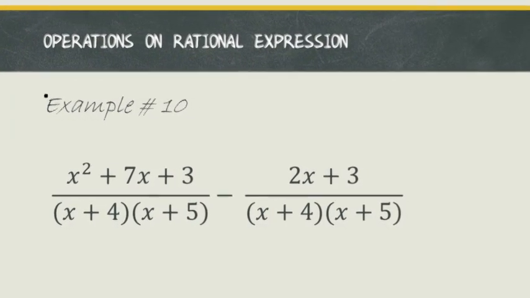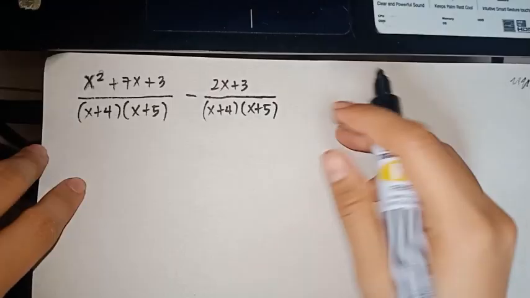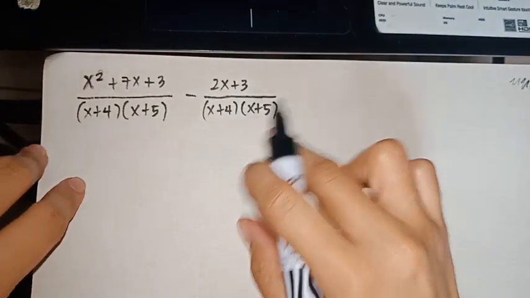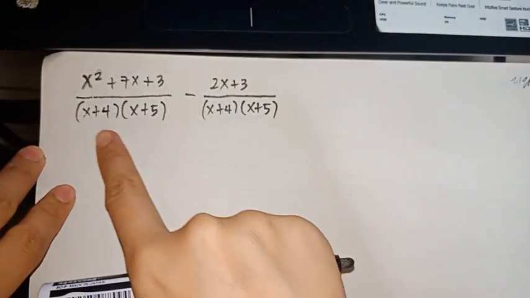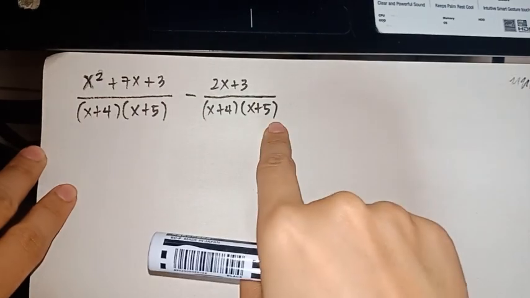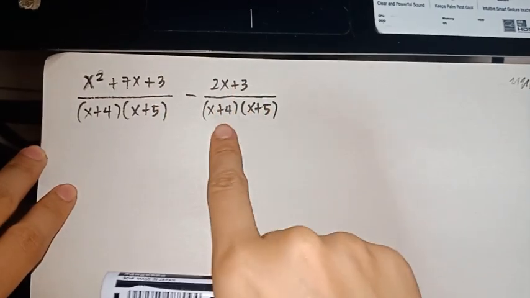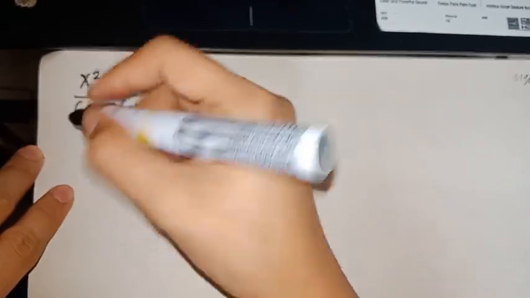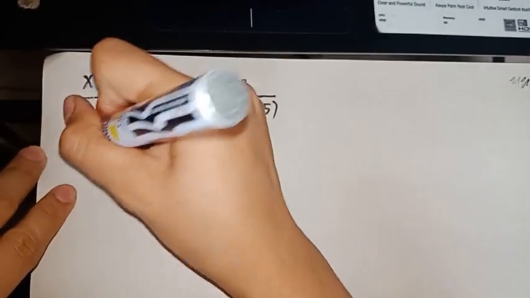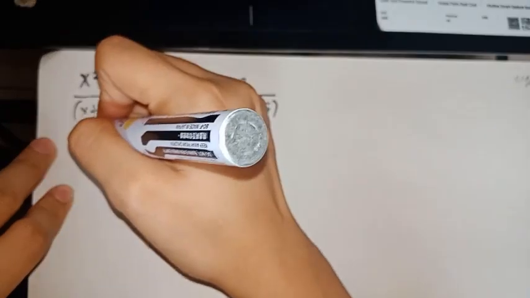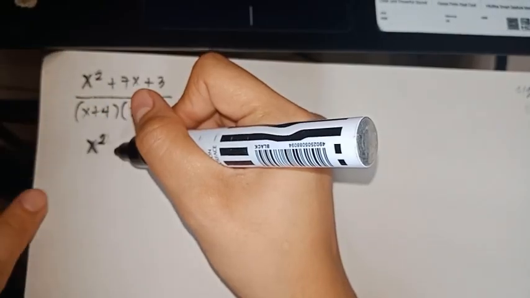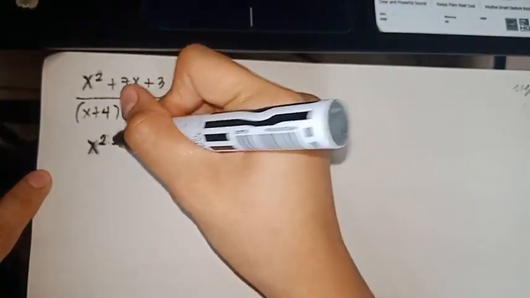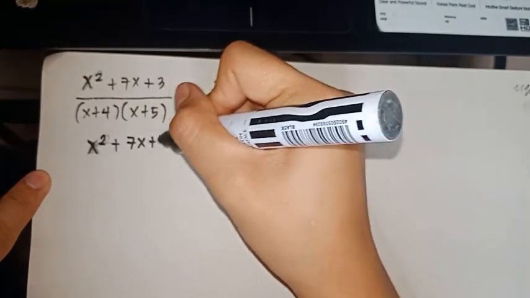Let's run example number 10. Let's have the last example for similar fractions. As you can see, we have the same denominator. So let's start. We have x squared plus 7x plus 3.